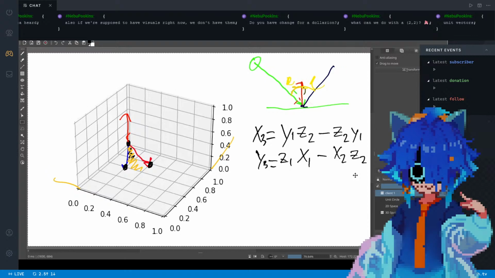It looks like there's a pattern here. It's kind of starting to form. Let's write down z of 3, which is equal to x of 1 times, 2. No.